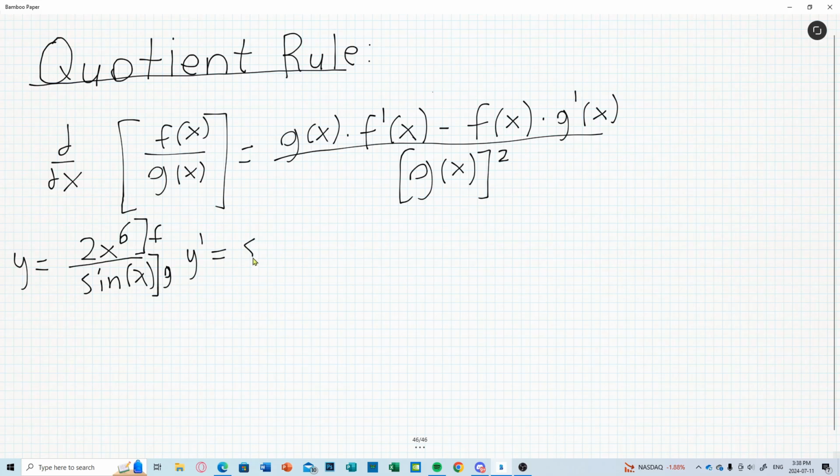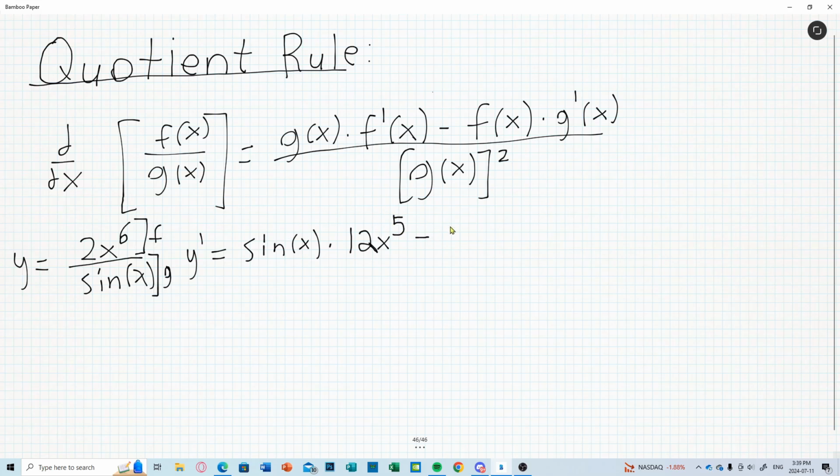To start, we're going to write out sine of x, and then multiply by the derivative of f. We're going to speed this up a little bit, because this is just another example of power rule. We bring the 6 to the front, multiply it by the 2 to get us 12x, and then 6 minus 1 is 5.